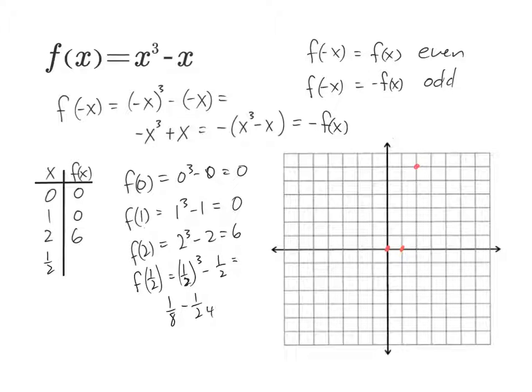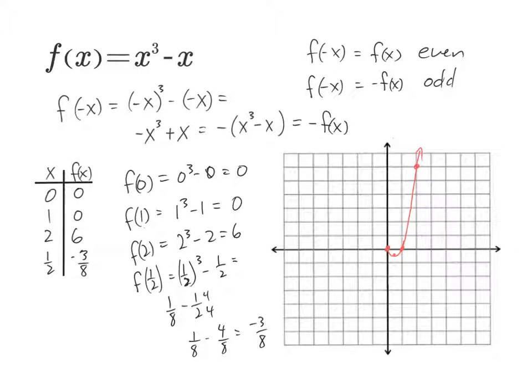Get a common denominator of 4, so we get 1/8 minus 4/8, which ends up being negative 3/8. So I have negative 3/8 here. So if I graph that, it's going to be right here. It's not quite going to be a half. So I know that this is going to look something like this.